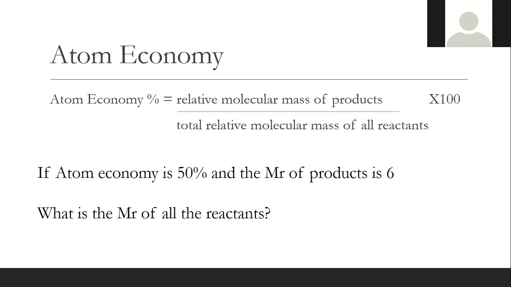So if we substitute in our values to the equation as it is, we would have 50% equals relative molecular mass of products, which is 6, divided by our total molecular mass. So put our Mr of reactants there. Rearrange that equation.